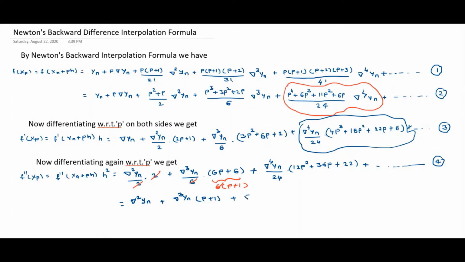Similarly, in the last term, del raised to 4 yn divided by 24, or you can write 4 factorial also. Write down the remaining terms, 12p square plus 36p plus 22 plus and so on. So this is equation number 5. Left hand side we have f double dash of xn plus ph into h square.